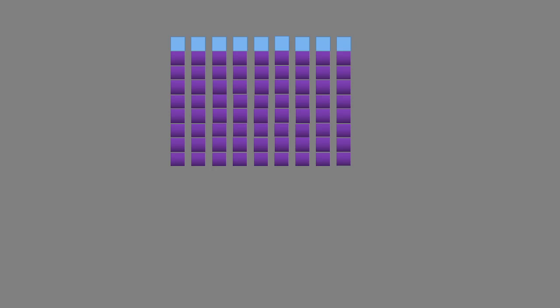So 1 2 3 4 5 6 7 8 9. All the 9 terms I have put here. Now this is the first term plus last term, right? Blue is the first term and the purple is the last term.